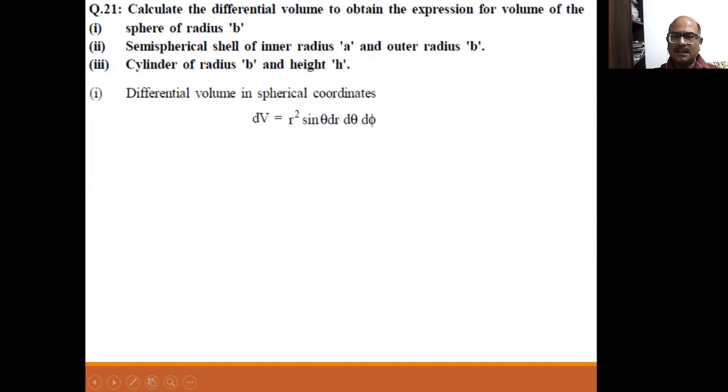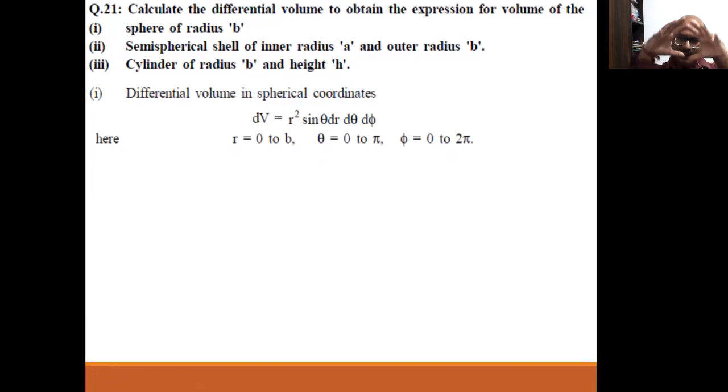So there are three parameters, r, theta and phi. If we need to find that value for radius b, r will have the limits from 0 to b for a sphere. But what is the value of theta and phi? We have already learned that theta can take the value from 0 to pi.